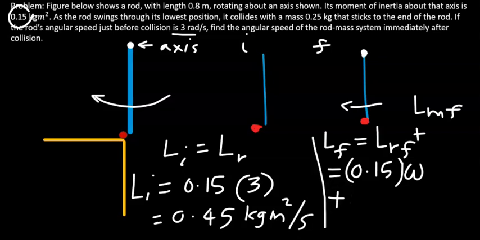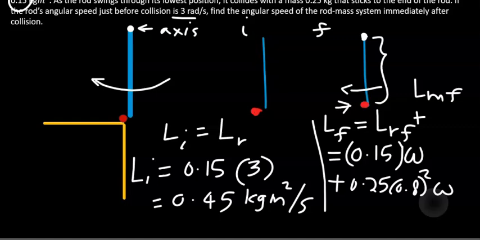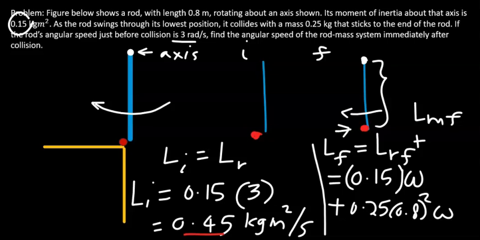The angular momentum of that point mass is given by the mass, which is 0.25 kg, times the square of the distance from the axis of rotation, and in this case it is just the length of the rod, 0.8 squared, times the angular speed of the system after the collision. Now we can equate this number to that expression and solve for the unknown omega.